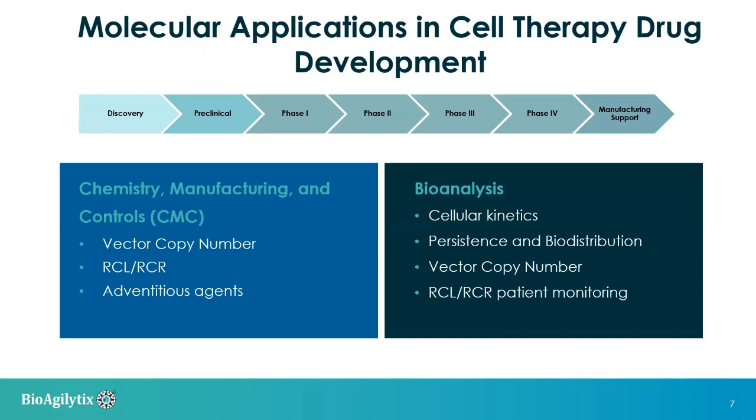We're also going to be talking about molecular assays used in the bioanalytical space for preclinical and clinical testing. And those are mainly molecular assays to support persistence and biodistribution, as well as vector copy number in bioanalysis, and RCL and RCR testing and patient monitoring.